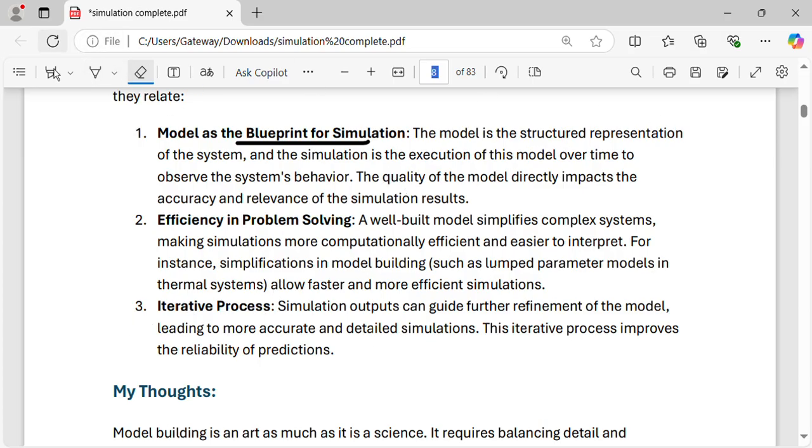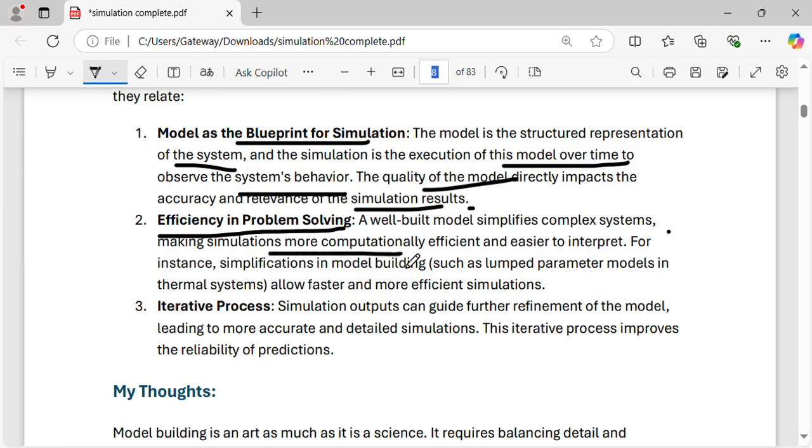The model is the structured representation of the system, and the simulation is the execution of this model over time to observe behavior. The quality of the model does impact the simulation. Efficiency in problem solving: a well-built model simplifies complex systems, making simulations more computationally efficient and easier to interpret.